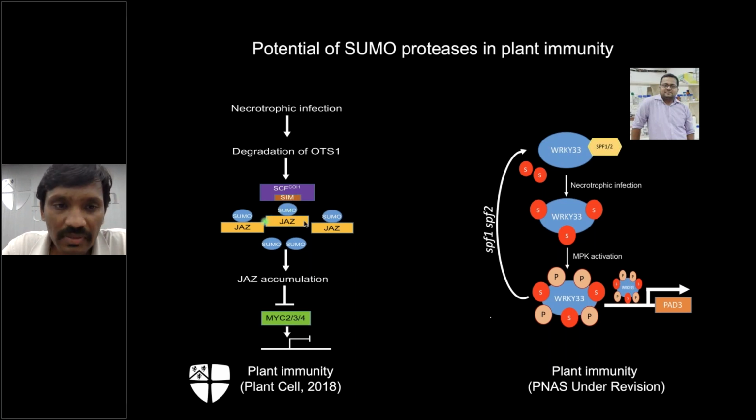So once the interaction is inhibited, JAZ can accumulate, and its accumulation suppresses MYC2 activity, and that's how we can modulate plant immunity in a jasmonic acid signaling dependent manner.